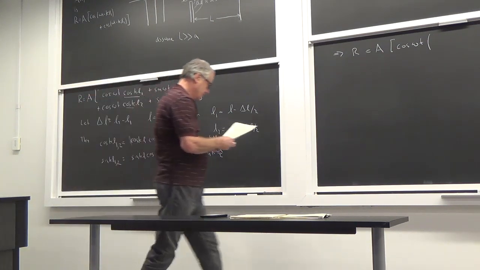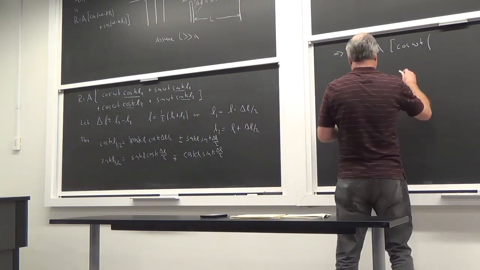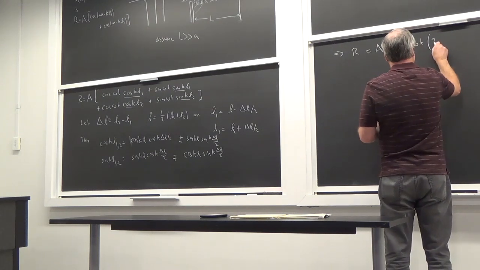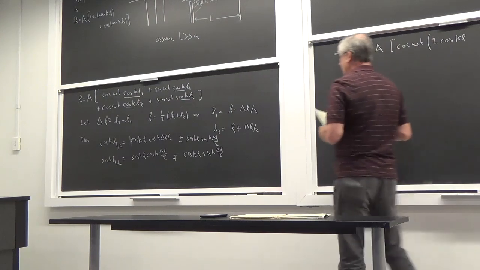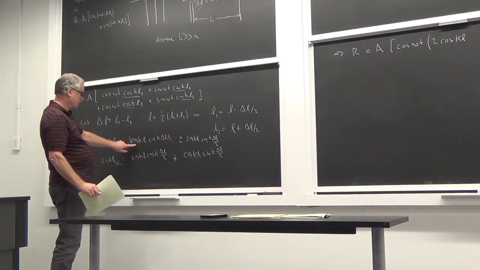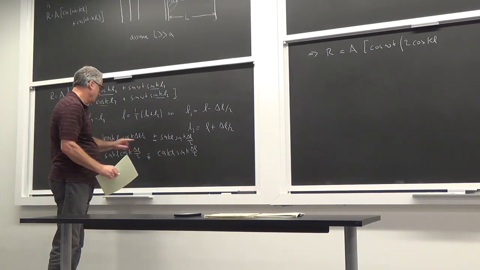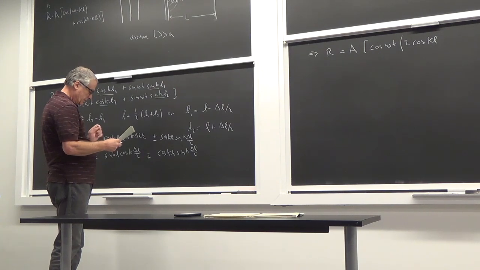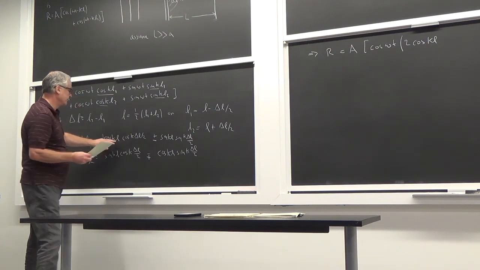So let's see, I'm trying to do too many steps at once, clearly. Okay, so I get 2 cosine KL, cosine KL, there's a cosine KL there, there's a cosine KL there. Oh, I see what I did wrong, okay.